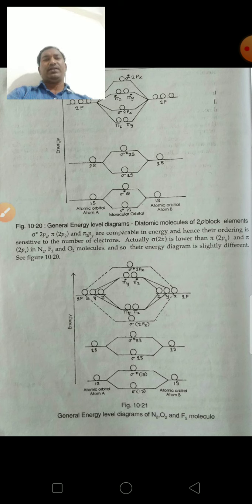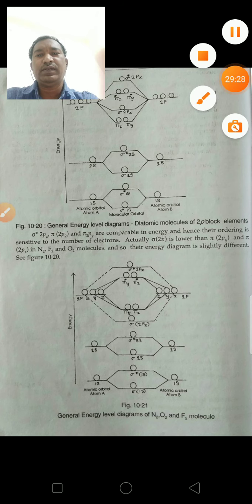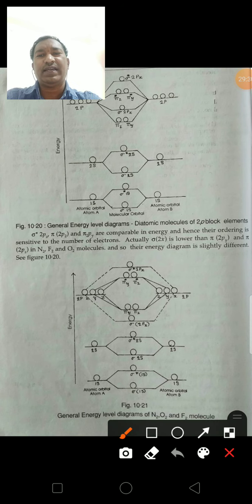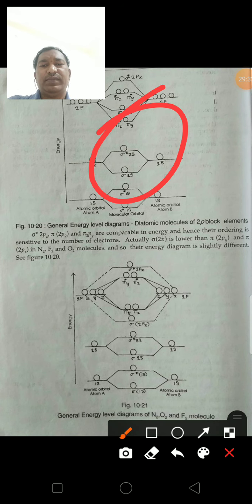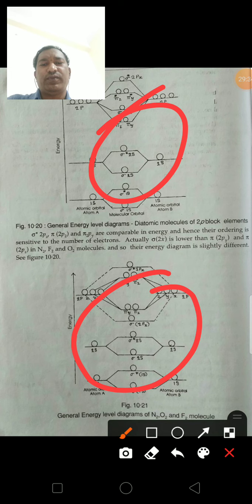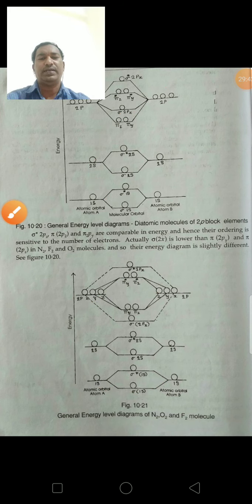So here a p electron is there. So the boron molecule contains 10 electrons, so it follows this diagram. While nitrogen, oxygen, fluorine having 14 or more electrons follow this molecular orbital energy diagram.